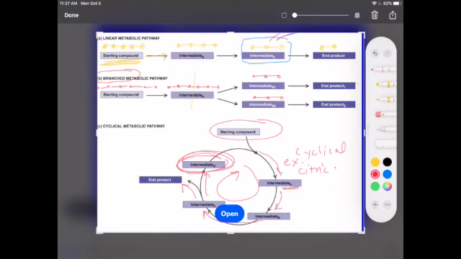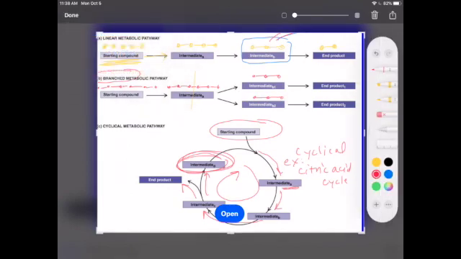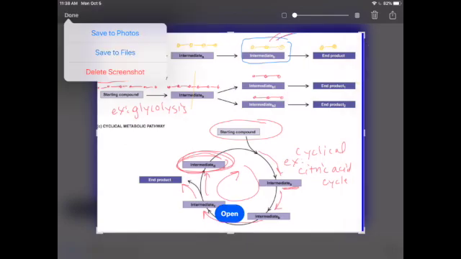An example is the citric acid cycle. The citric acid cycle is cyclical. Oh, and this branched one up here, an example of a branched pathway is glycolysis. Glycolysis is a branched pathway.